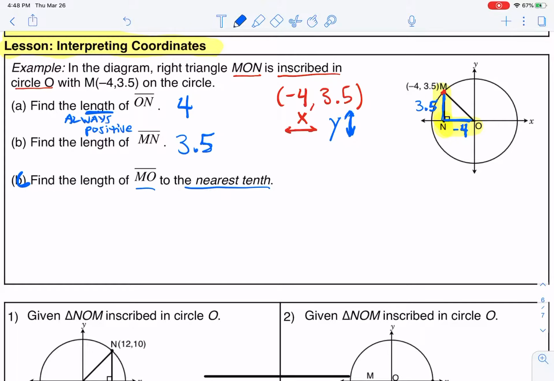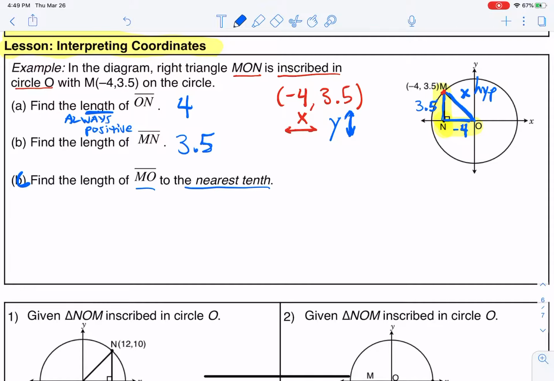Okay, so MO is what we don't know here. That's my x, my unknown. In terms of my right triangle, though, that's my hypotenuse.